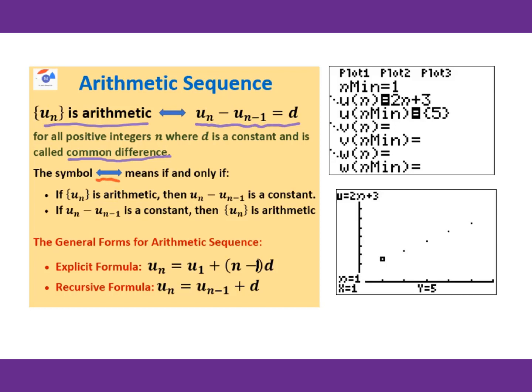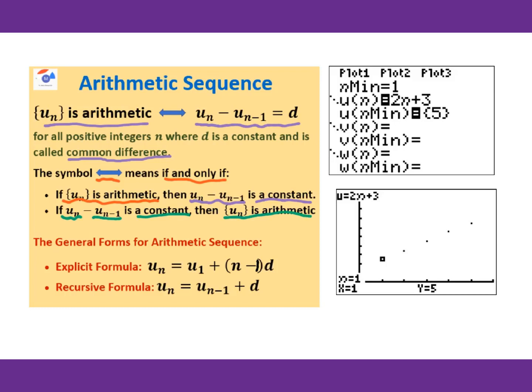This symbol means if and only if, which means if U sub n is an arithmetic sequence, then any term minus the previous term equals a constant. If any term minus its previous term is constant, then U sub n is an arithmetic sequence.